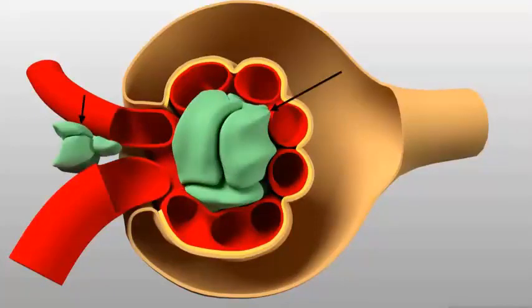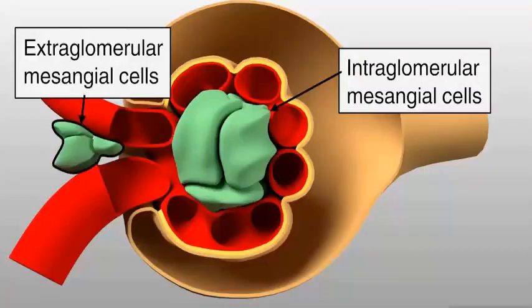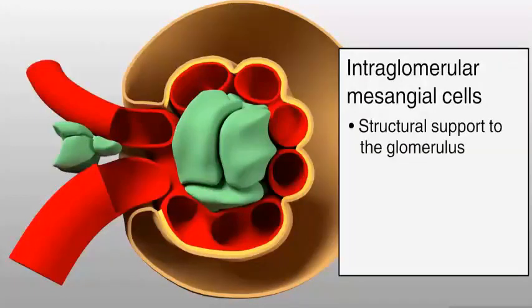First, the mesangial cells. They can be divided into two groups: intraglomerular mesangial cells lying within the glomerulus, and extraglomerular mesangial cells which lie outside the glomerulus. Intraglomerular mesangial cells provide structural support to the glomerulus. They are contractile.